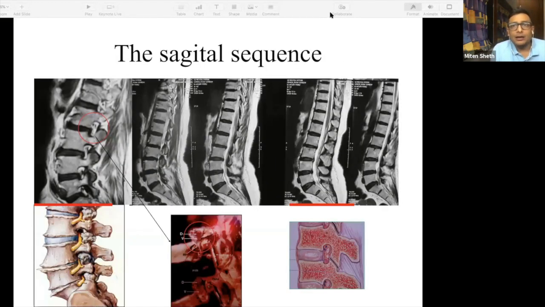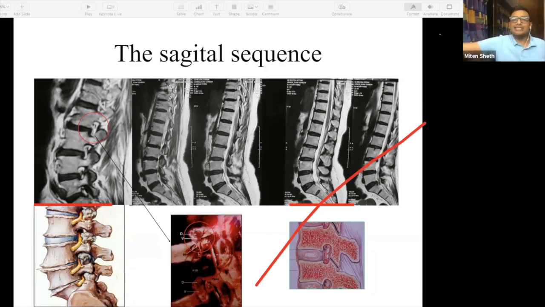Once you have identified what a T1 sagittal and a T2 sagittal is, you take the T2 sagittal, which means the one that is looking white. That's the only one you have to take in your hand. What you see is there are 16 images, 4, 4, 4, 4 in a line. So what do those 16 images mean?